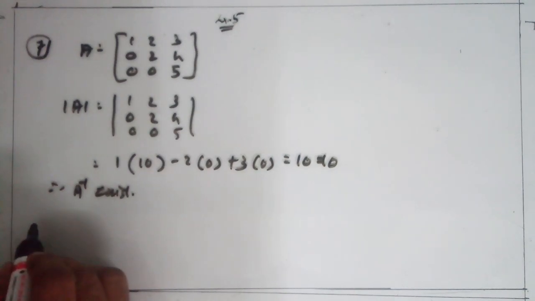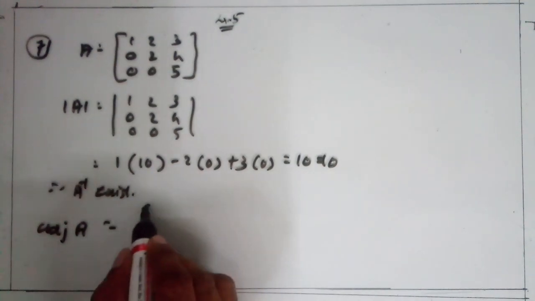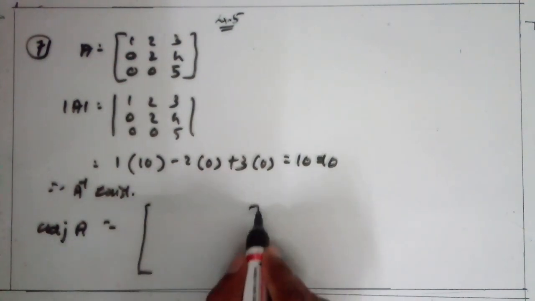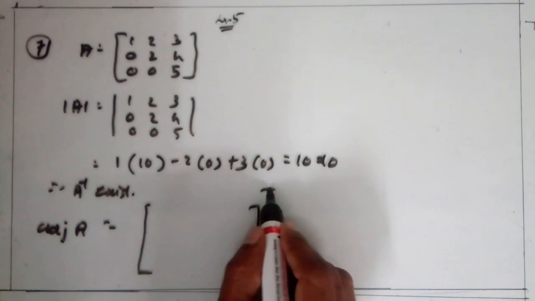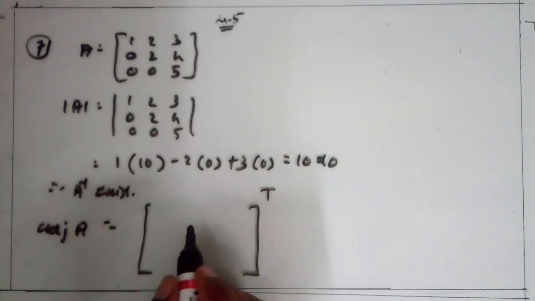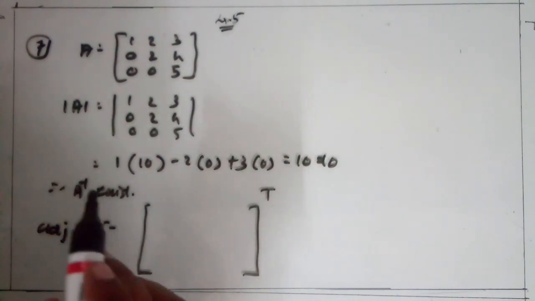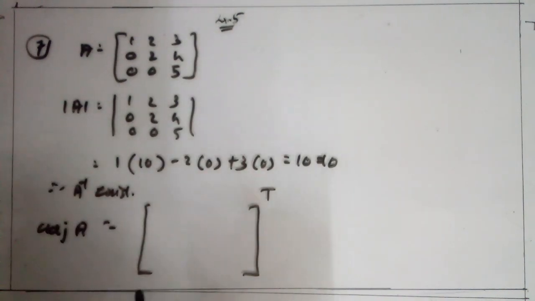Now find the adjoint of A. So adjoint of A, how to get it directly, remember this. Transpose of the matrix obtained by replacing each entry by its cofactor.